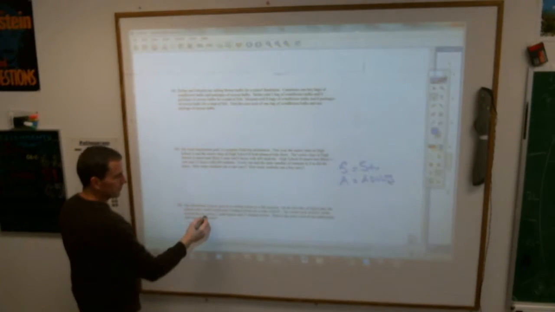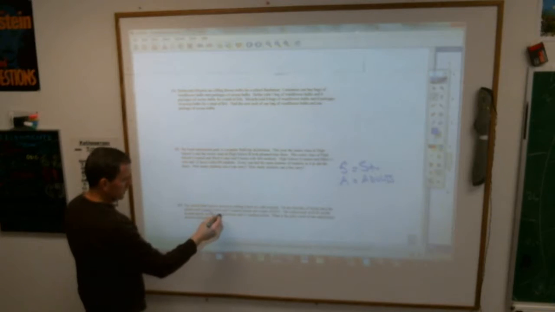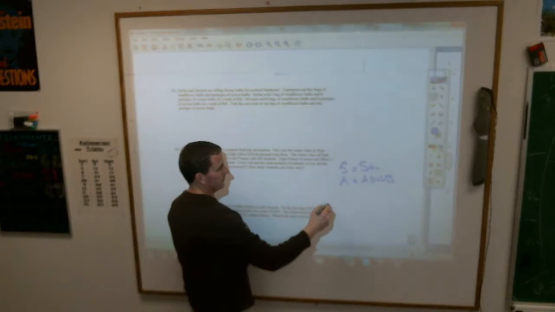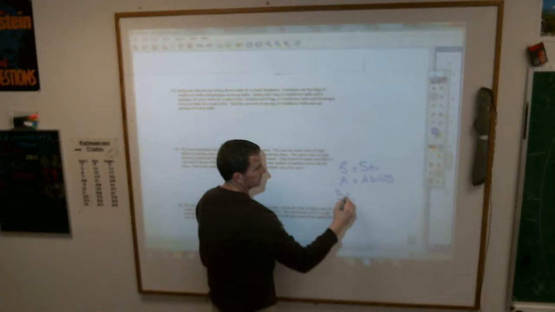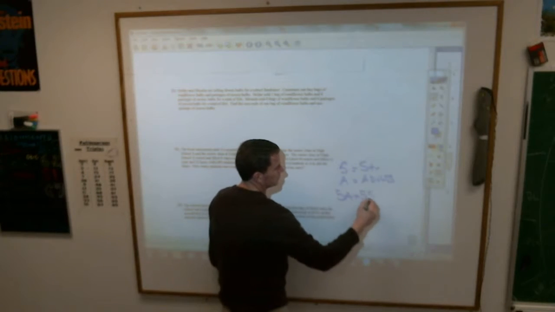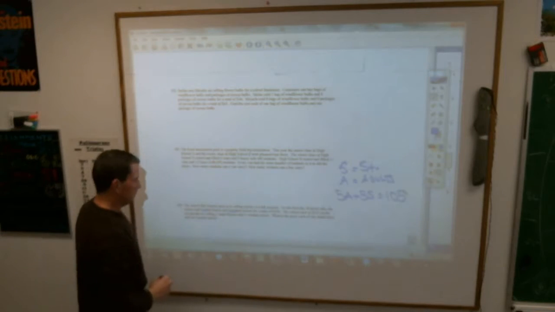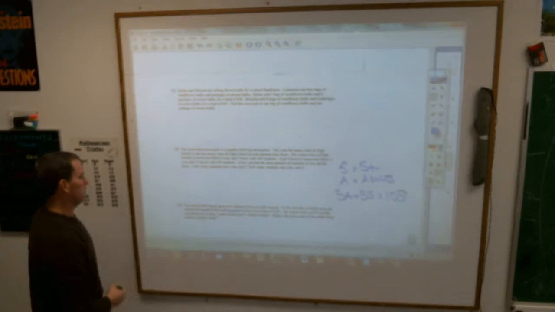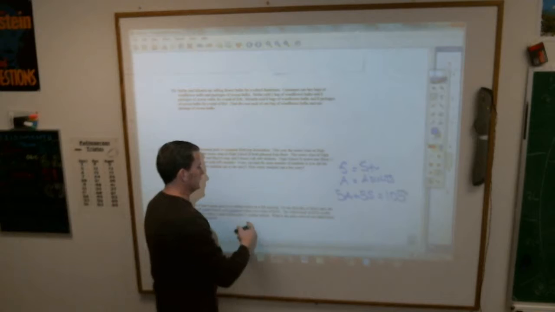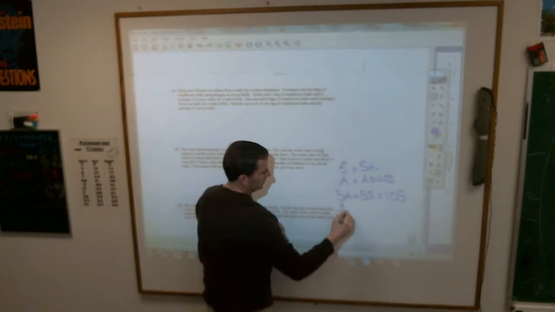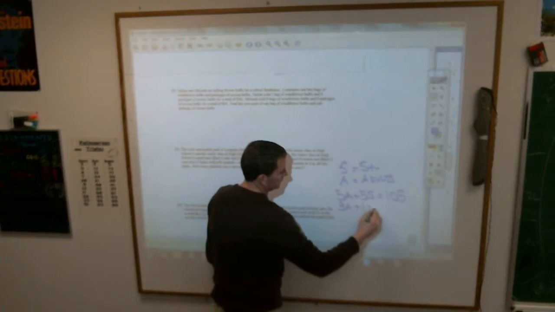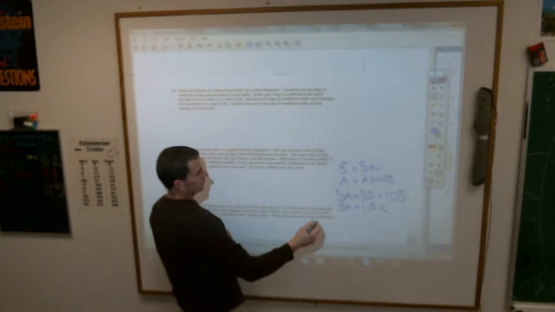So 5 adults and 5 students was $105. 5 adults plus 5 students was $105. The school took in 143 on the next second day by selling 3 adults and 11 students. 3 adults plus 11 students equals 143.